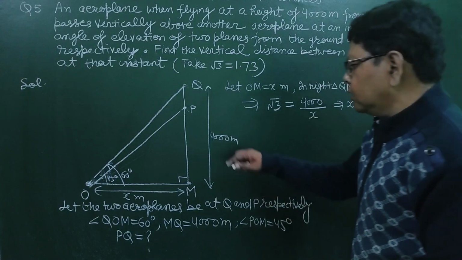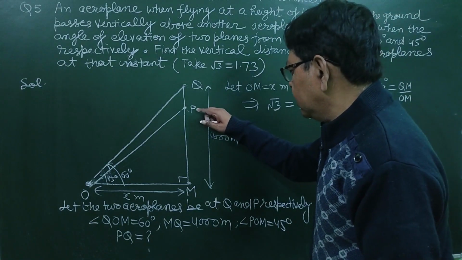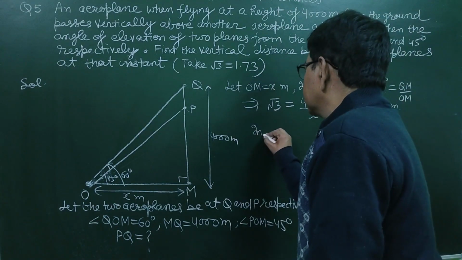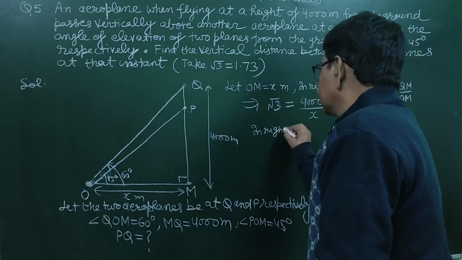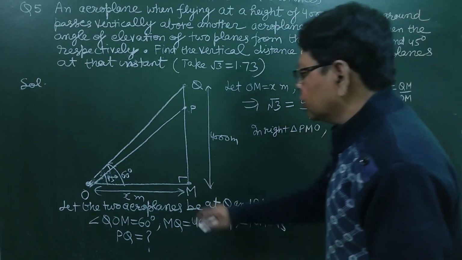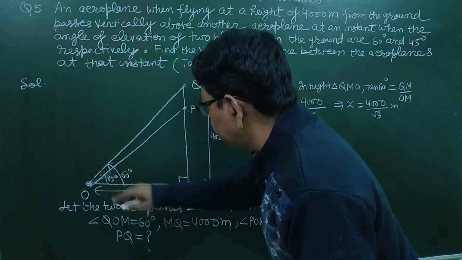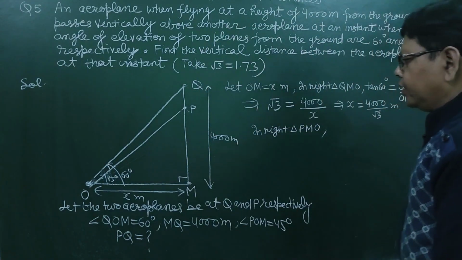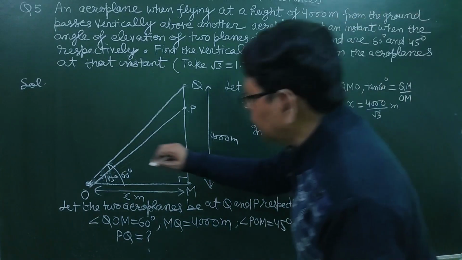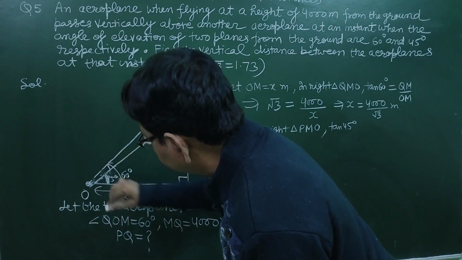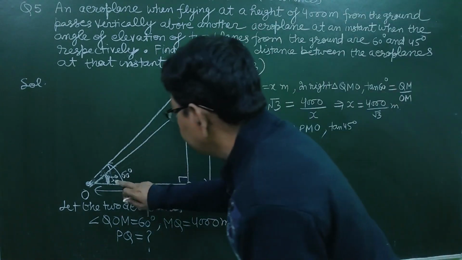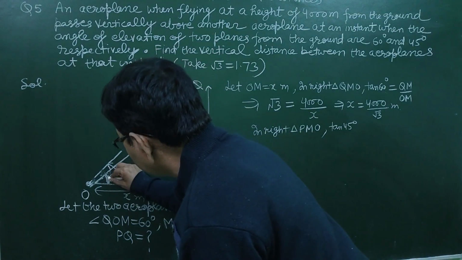Now let us consider the triangle PMO, in right triangle PMO. In this triangle, this angle is 45 degree, the whole angle is 60 degree.